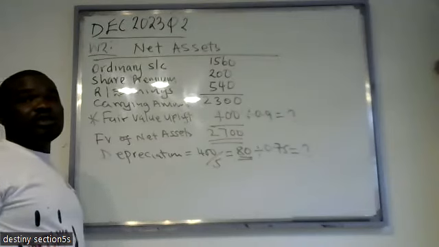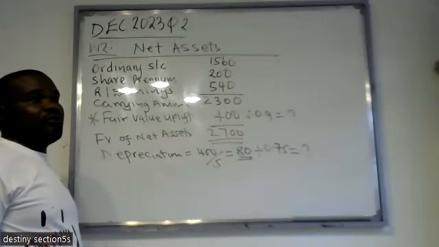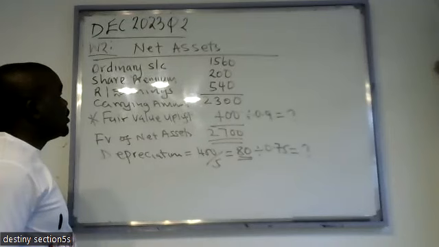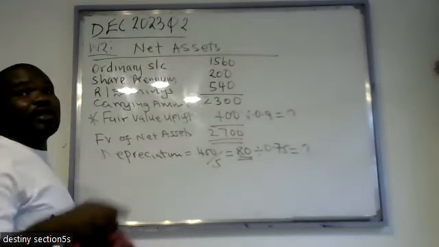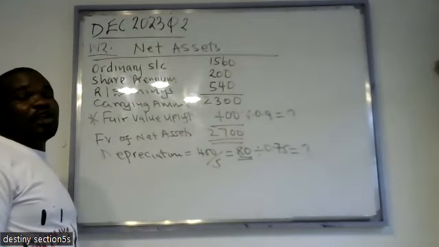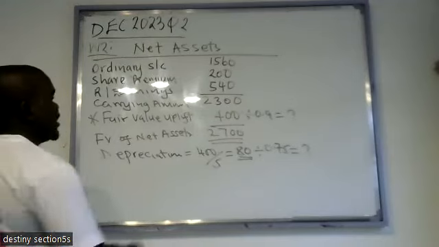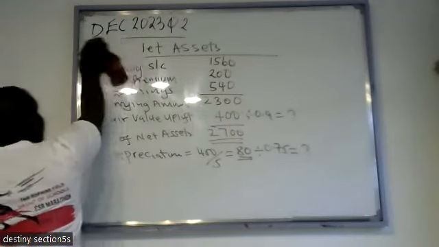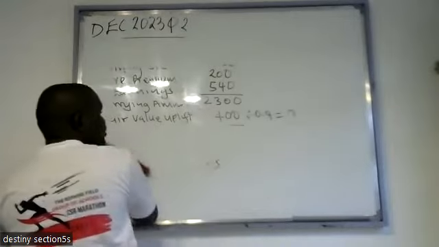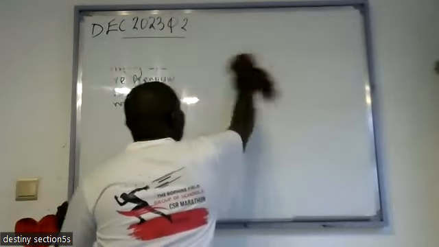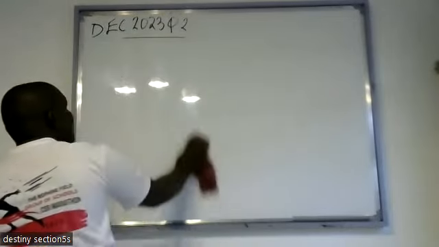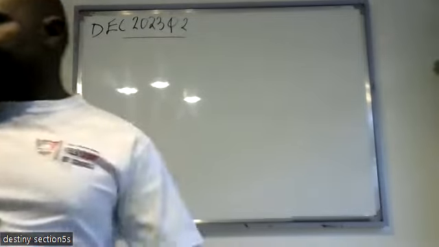Foreign exchange gain or loss on net assets, on holding net assets. That should be working 3. On holding the net assets.